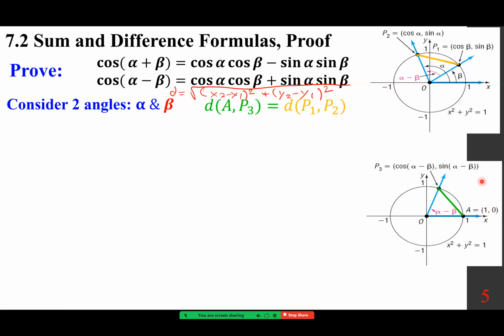For this one, cosine alpha minus cosine beta quantity squared plus sine alpha minus sine beta quantity squared under the radical. So that's the distance here. Very straightforward, I hope.